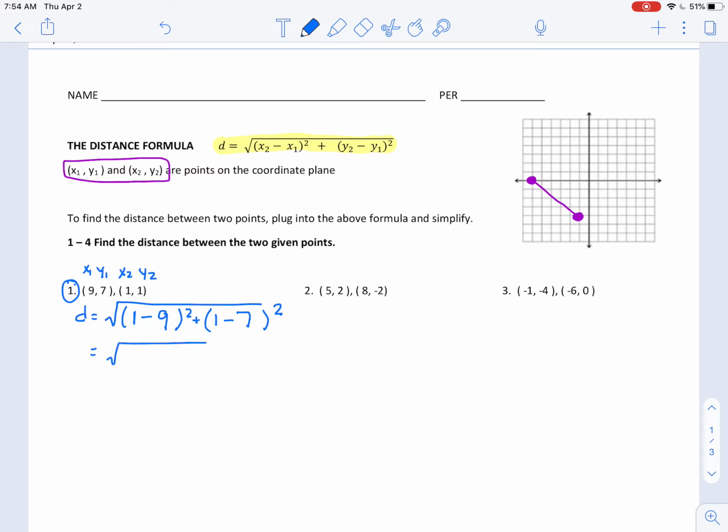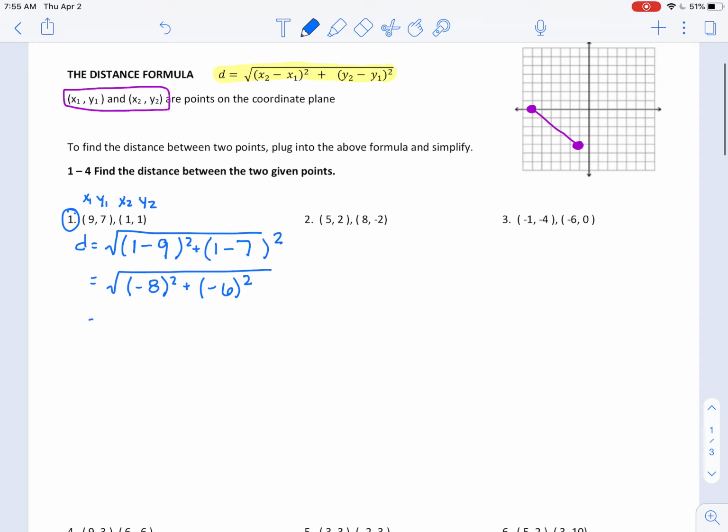Order of operations, we're going to essentially work from the inside out. So inside of each set of parentheses now, do the subtraction. So in the first one, 1 minus 9 is negative 8. In the second parenthesis, 1 minus 7 is negative 6.